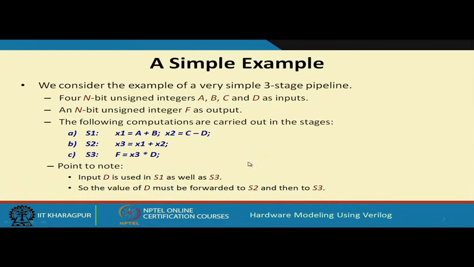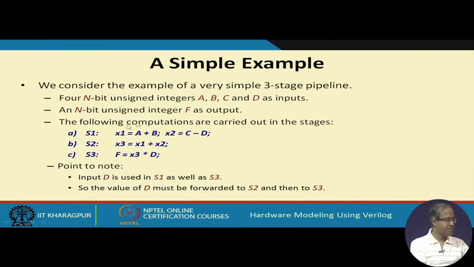So, here we shall be considering a very simple pipeline structure comprising of 3 stages. The pipeline computes some hypothetical computation which is defined as follows. Let us suppose there are 4 numbers a, b, c and d which are given as input to the computation, and finally, we want to get f as output.